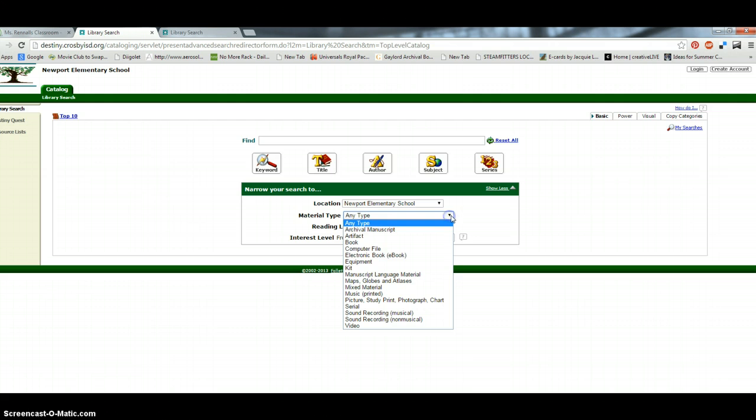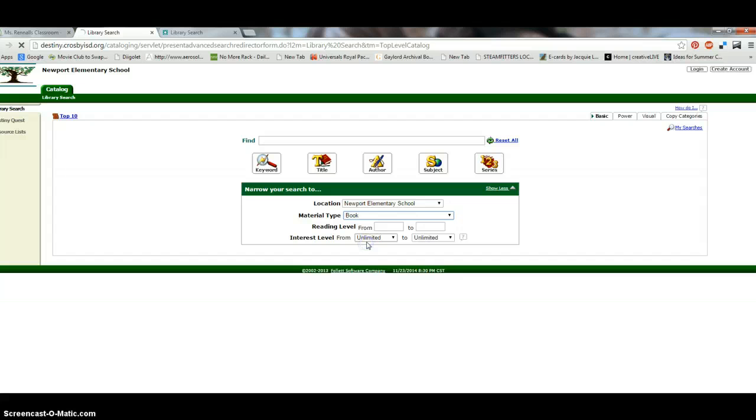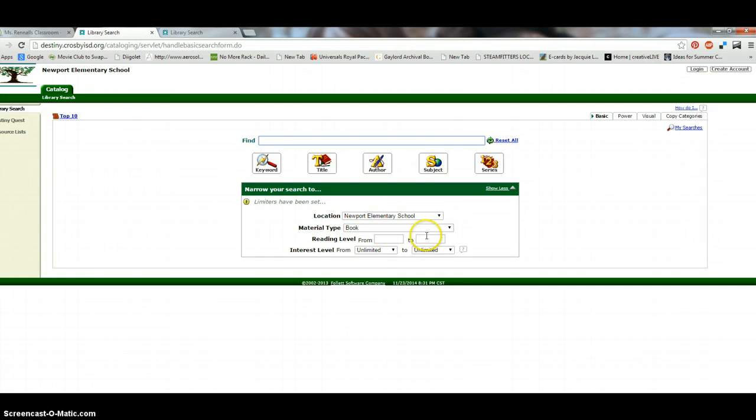Suppose you were looking for an ebook, which we have quite a few of, or a non-musical sound recording, like one of the CDs that Mrs. Reynolds plays for you sometimes. Or suppose you were looking for the video that goes along with the book, like Rikki Tikki Tavi. You can also click in here and change the parameters or how you want to find it.